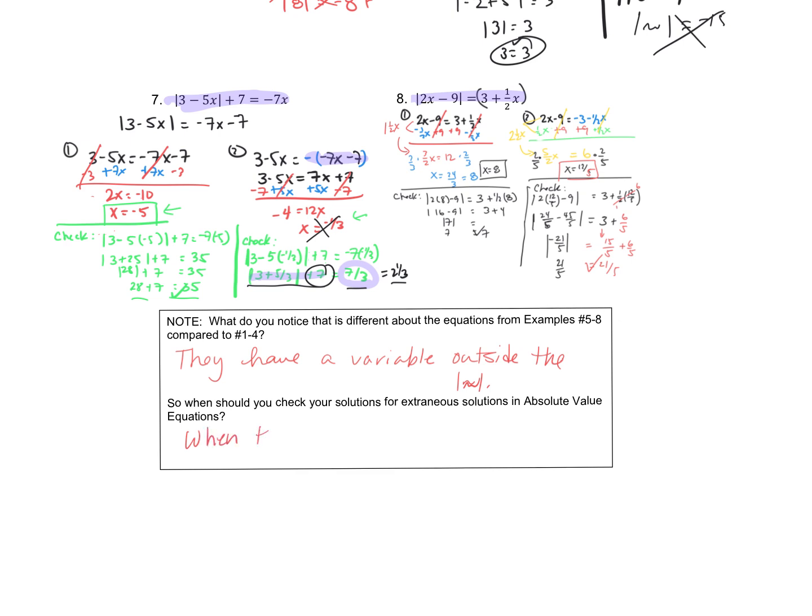When there is a variable inside and outside of the absolute value. So again, knowing how to answer these questions, if this was given to you as a question on a test, can you understand what's happening and what's the difference in when you need to do that, okay?